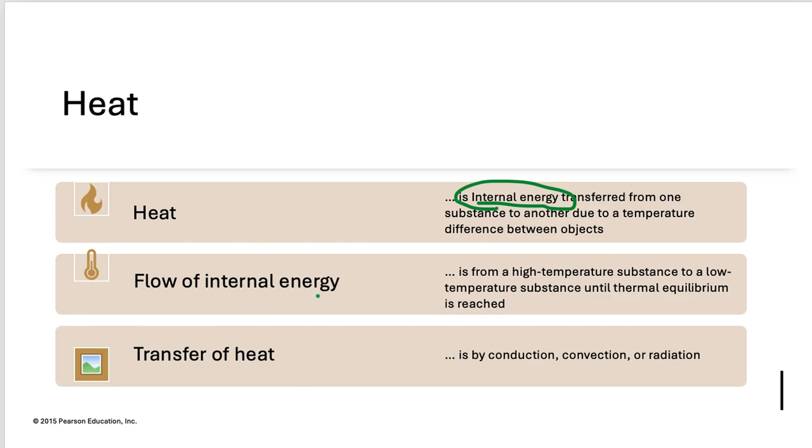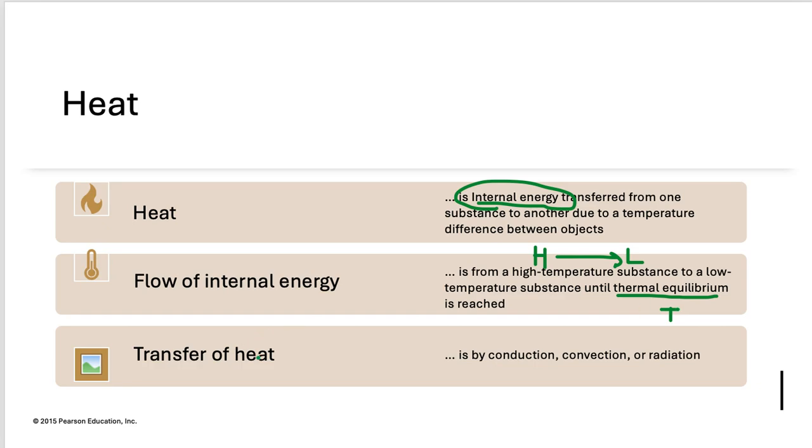The flow of internal energy, or the flow of heat, is always from a high temperature object or substance to a low temperature object or substance until thermal equilibrium is reached. In other words, they both reach a common temperature, the same temperature.